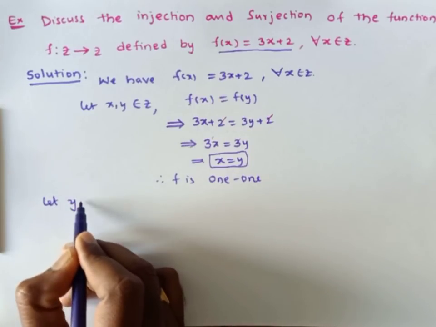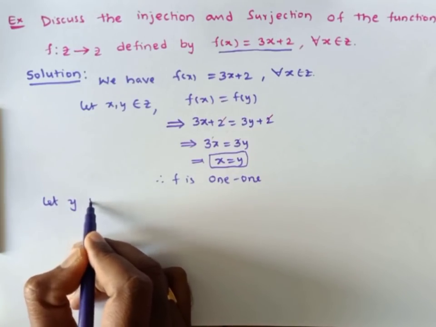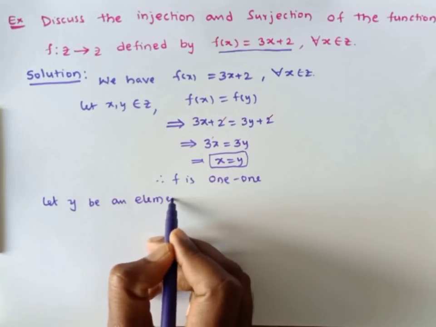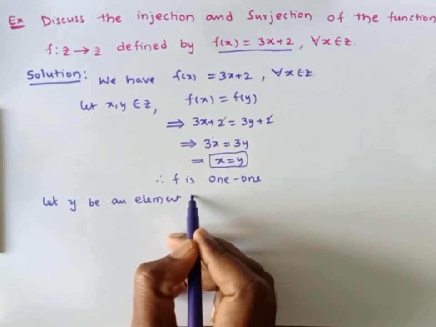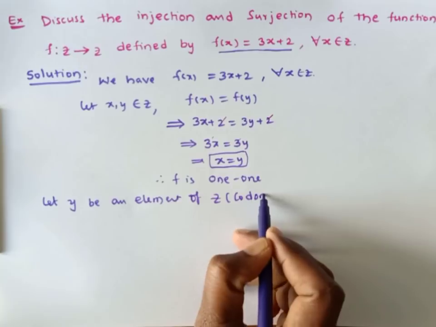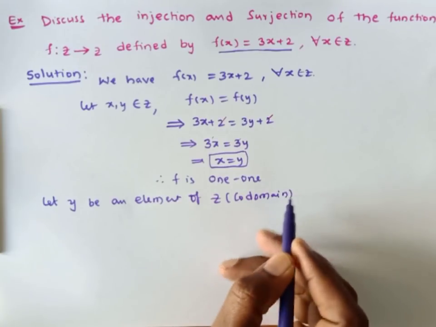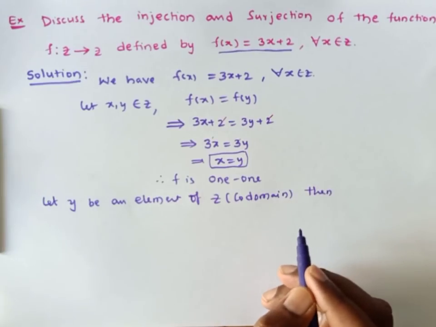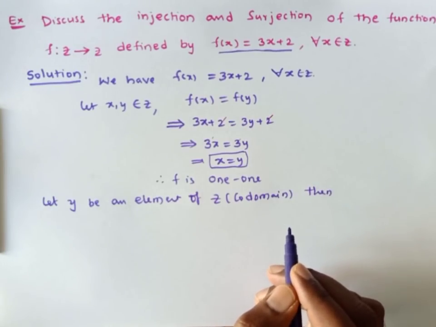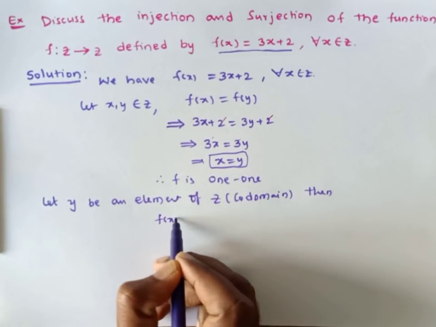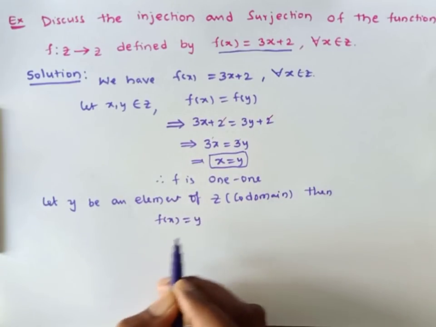Let y be an element of Z, which is a codomain element. Then for the corresponding element x in the domain, f of x is y.